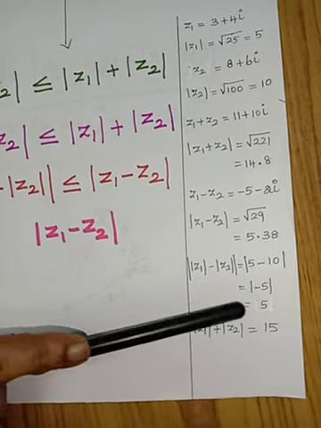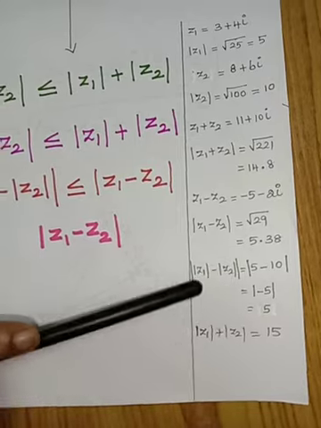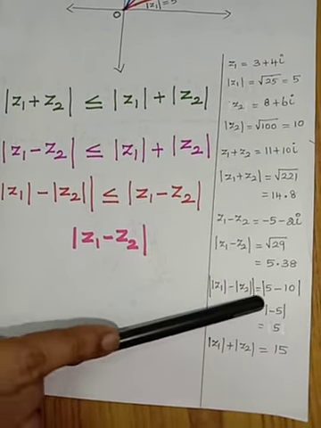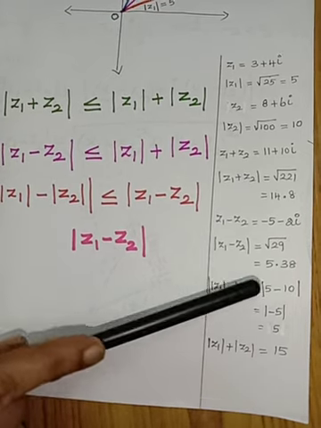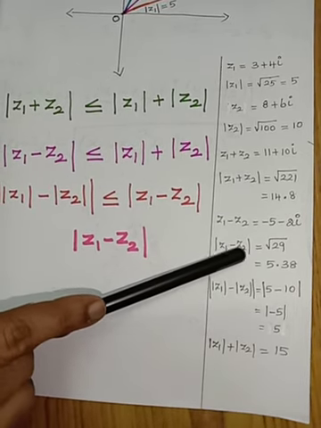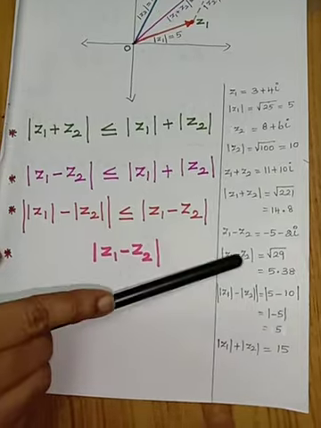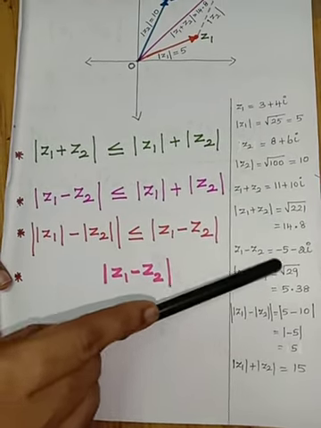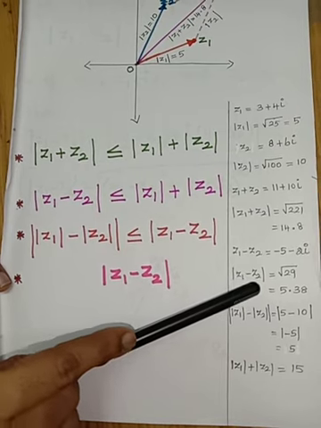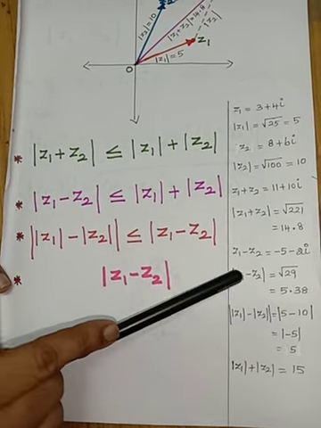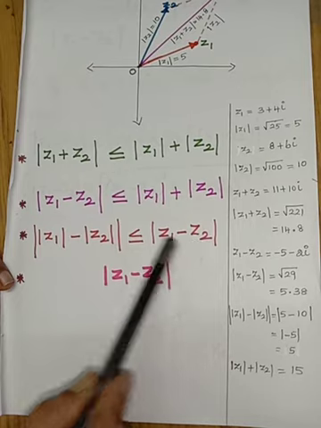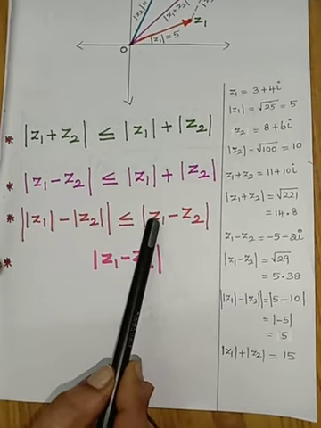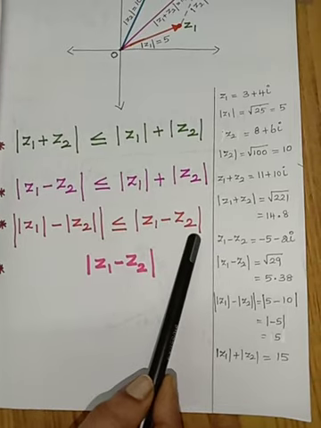When you compare modulus of z1 minus modulus of z2 with modulus of z1 minus z2, this one is less than modulus of z1 minus z2. Sometimes it may be equal. So I got the next result: it is less than or equal to modulus of z1 minus z2.